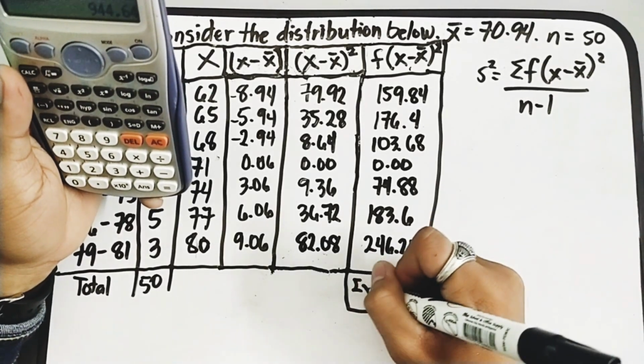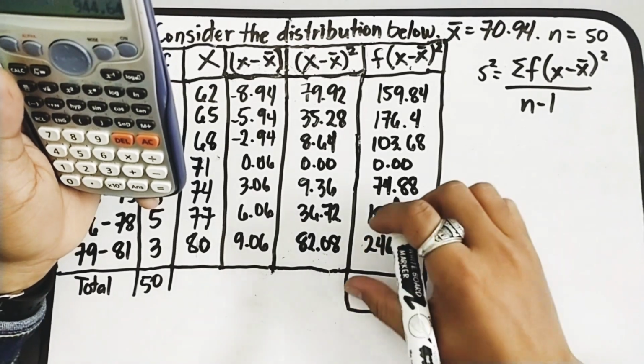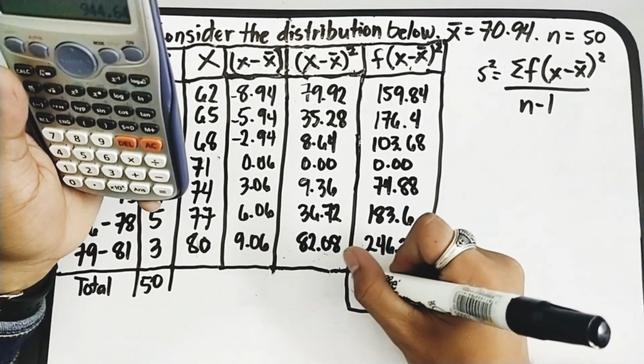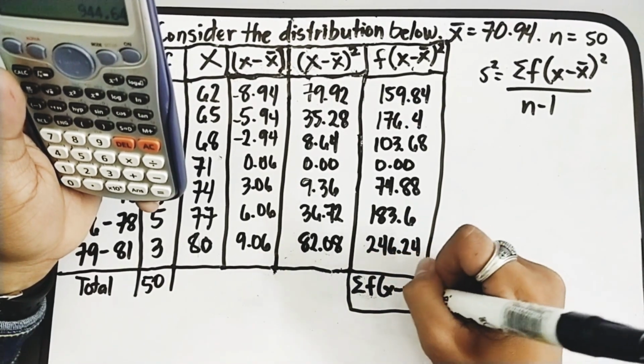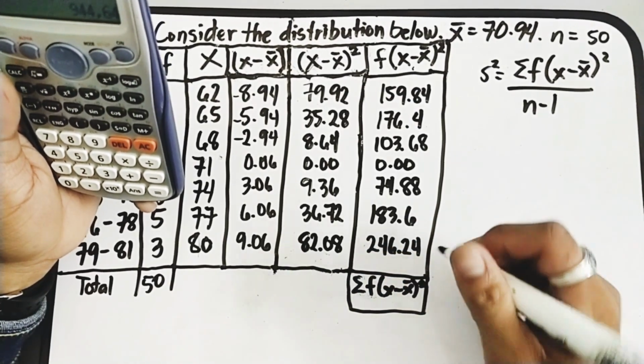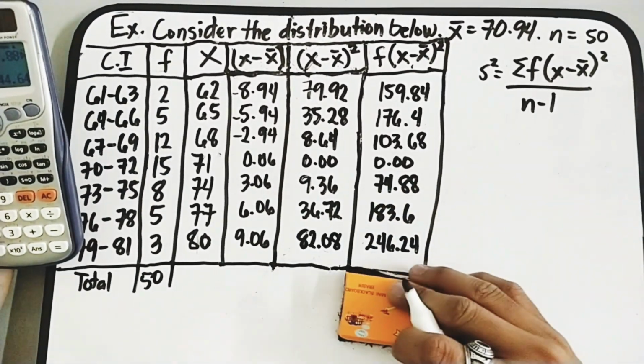So, we have summation ng ating frequency times yung x minus x squared. Okay?